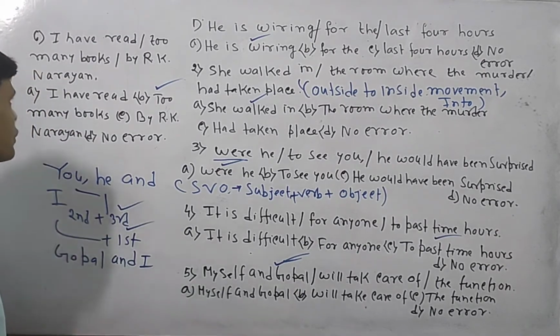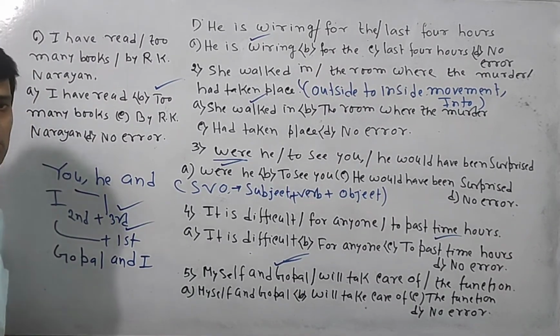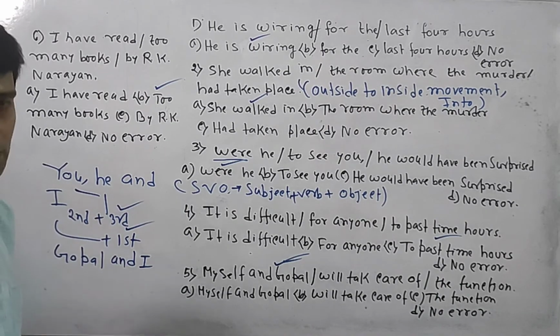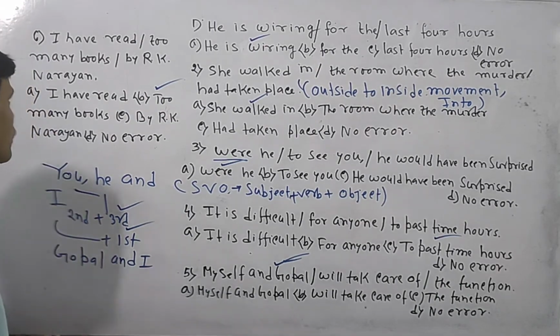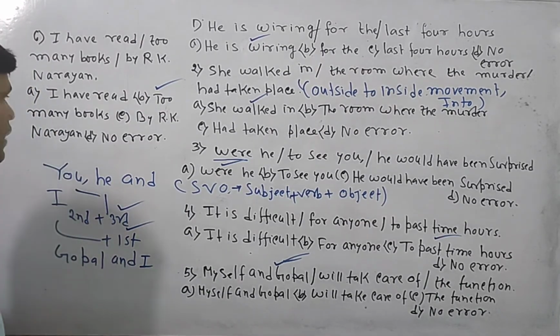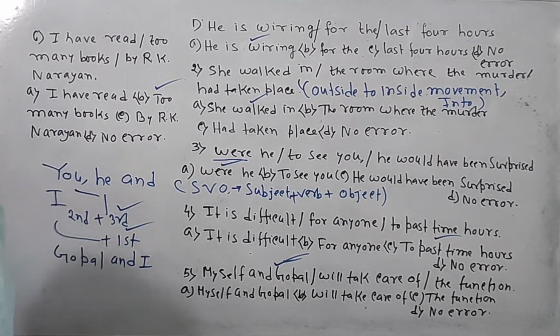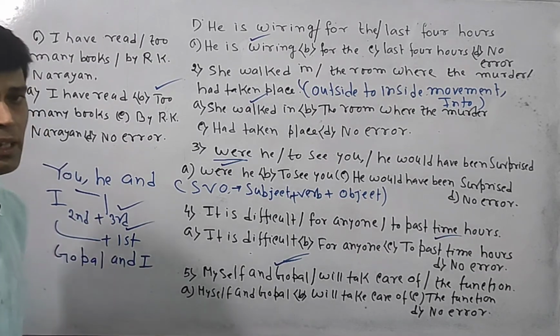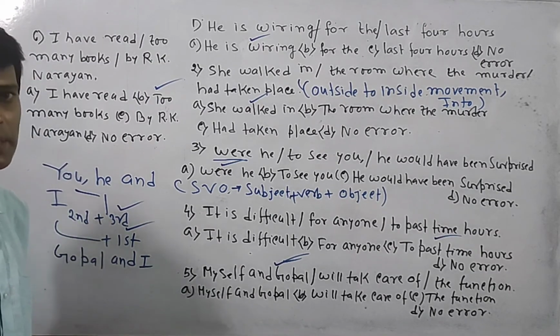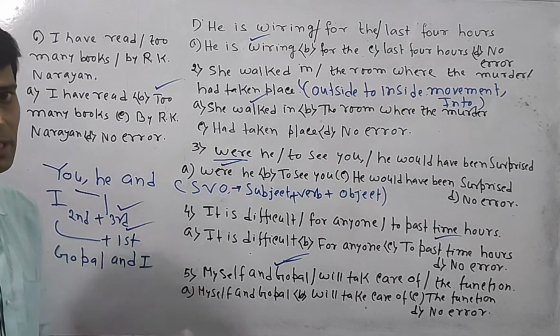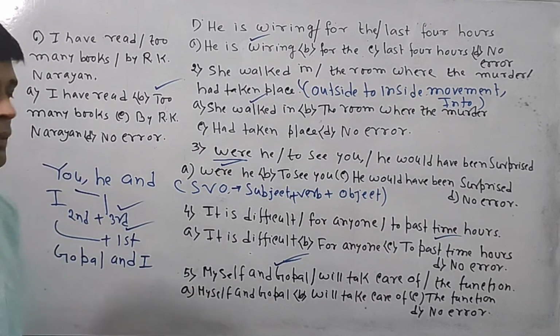In the last question, we never write "too many books", we should always write "so many books". It's a phrase, you can say: I have read so many books by R.K. Narayan. So this is my short class for all of you as far as error detection is concerned for competitive exams like SSC, CGL, CHSL, PSC, CDS, etc., even bank exams too.